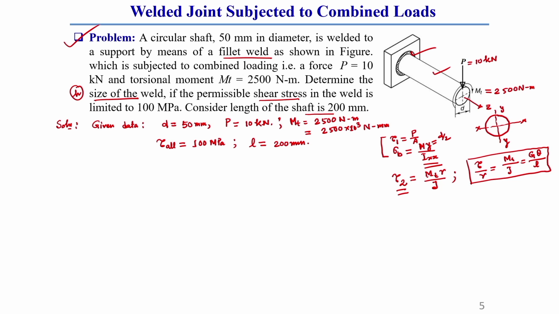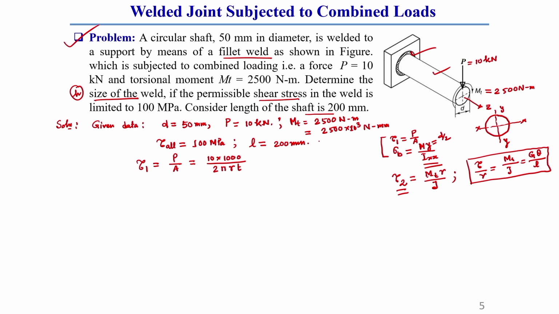So first of all we will calculate tau 1. Tau 1 we calculate as P by A, which we have already calculated in the previous lecture. 10 kilonewton means 10 into 1000 Newton divided by the area, 2 pi r into throat thickness.